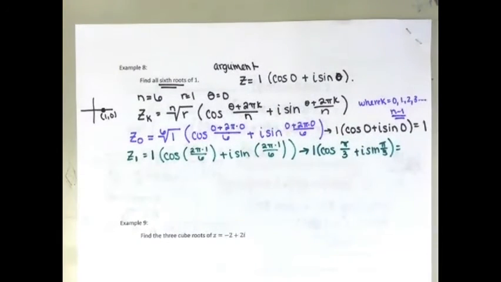So pi over 3. What's the cosine of pi over 3? We need to write our triangle. Is it 1/2 or radical 3 over 2?